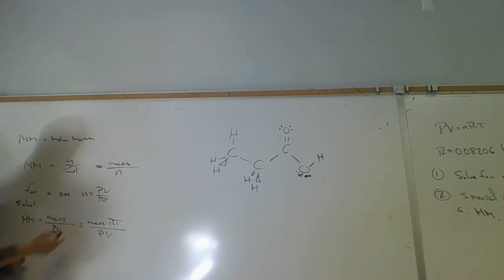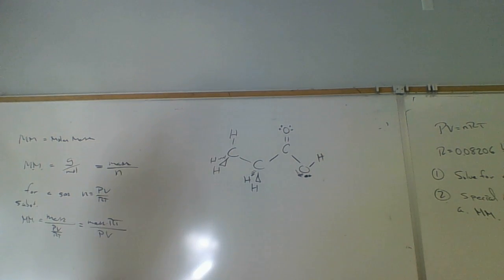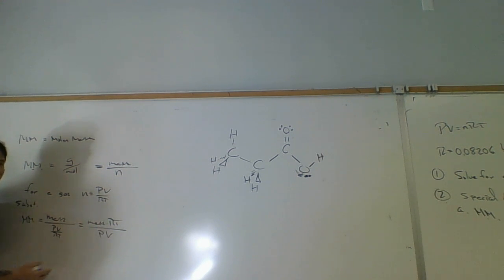But there's one thing that we might note here, and that is we try to relate things to other stuff. So if I look at this, mass over volume, you know what mass over volume is usually called? Mass over volume is called density. And so we'll just say that the mass over volume is equal to the density.